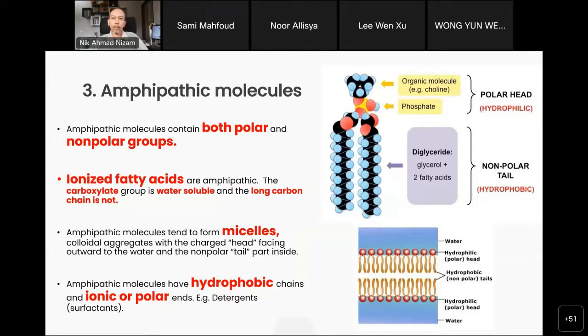The dirt comes from oil. For example, protein is composed of hydrocarbon. So this hydrophobic region can attract oil, wax, hydrocarbon, biomolecules, while the polar head will attract the water.